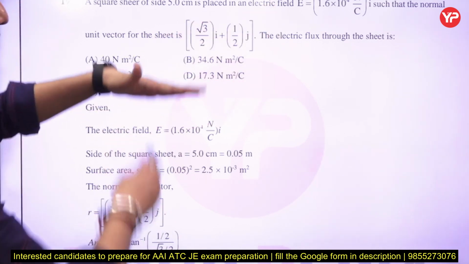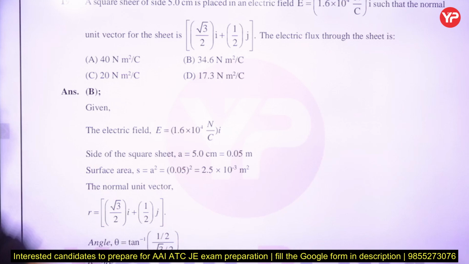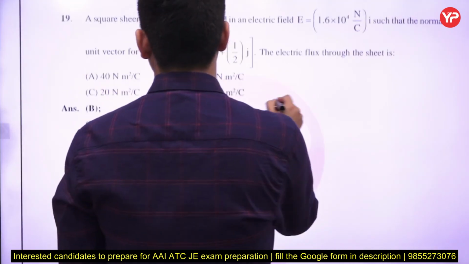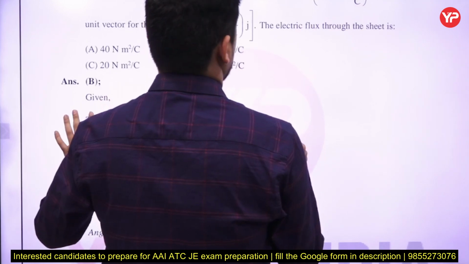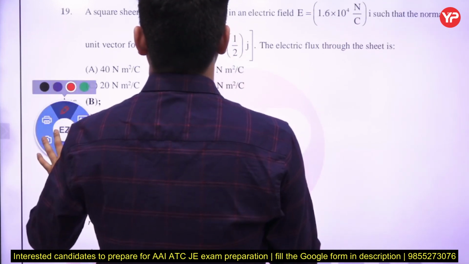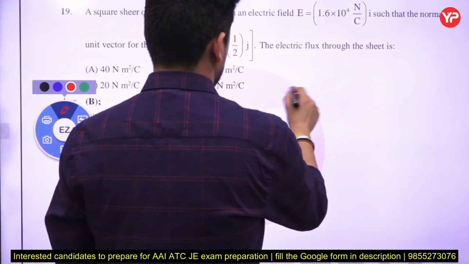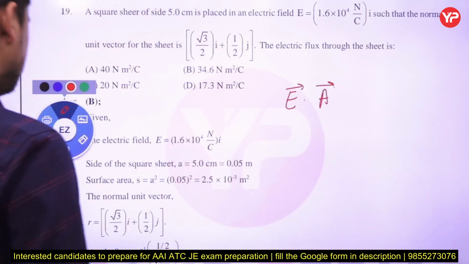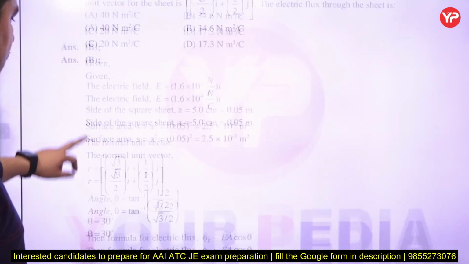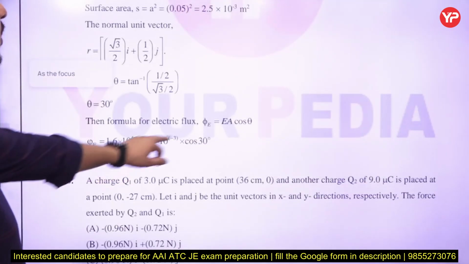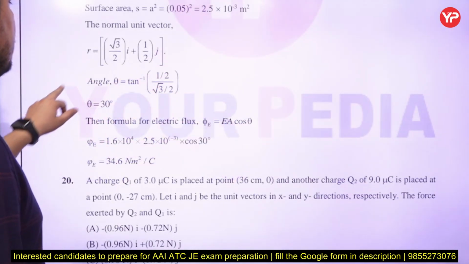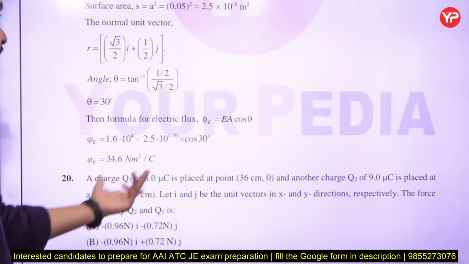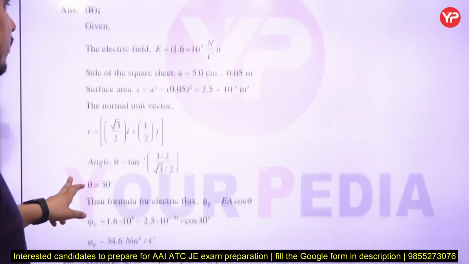Or you can do directly the dot product between those two, or you can calculate the angle. So phi is equal to EA cos theta, right? The angle can be calculated as tan inverse of imaginary part upon real part, that is 30 degree. You can directly use that and you will get the value, right?